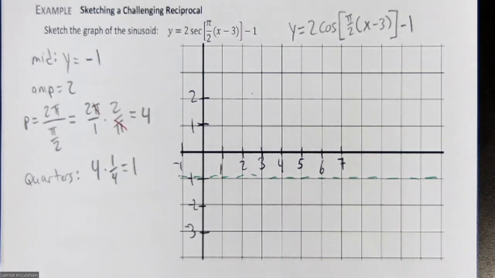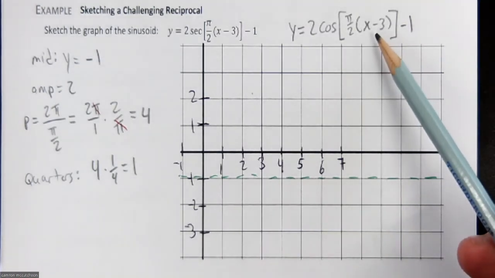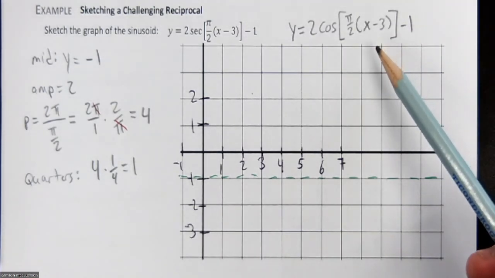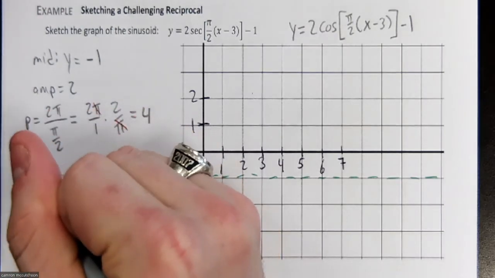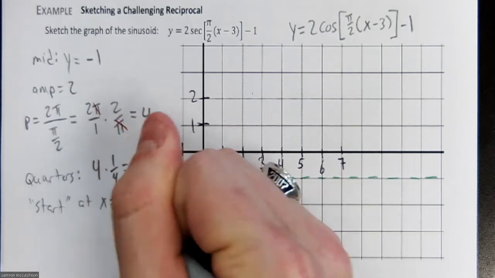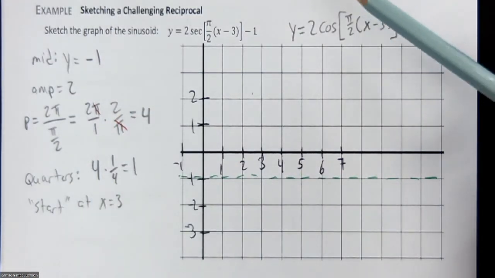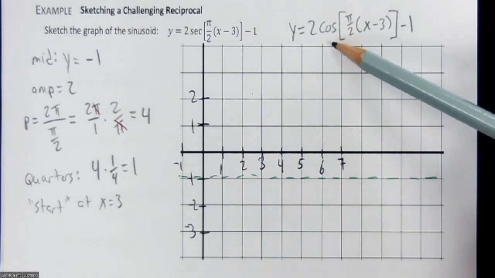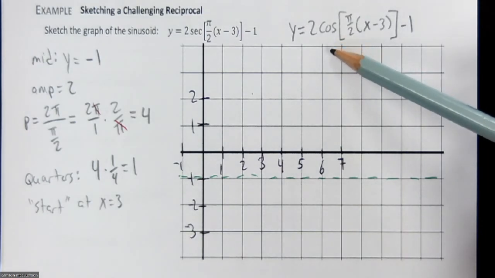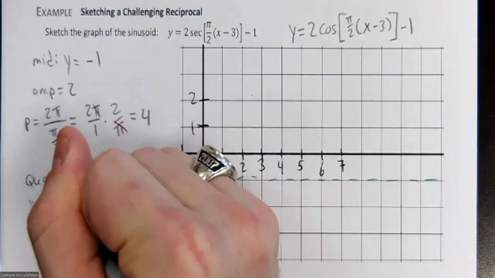Okay. Yeah, hi, Rylan. Anyway, this needs to start at what makes the inside equal 0, so it is going to start at x equals 3. Now we're talking about the cosine wave. It is a positive cosine, so where does it begin? It's max. So it starts at its maximum and then it heads down.